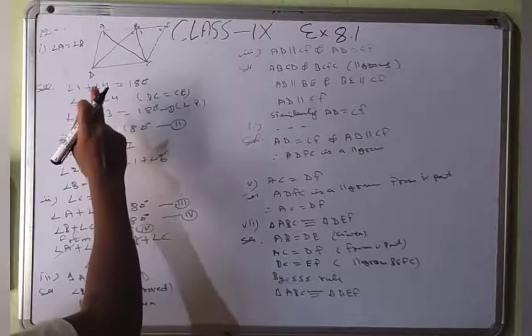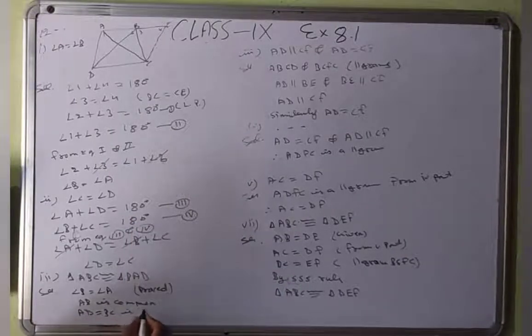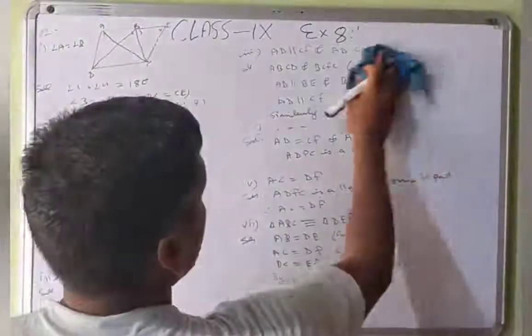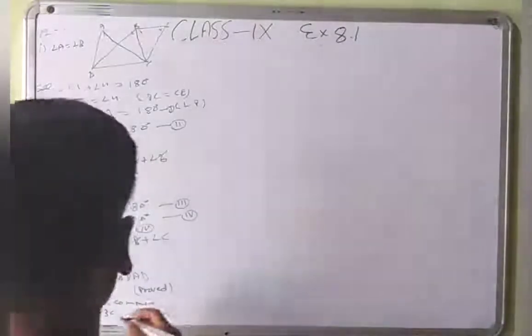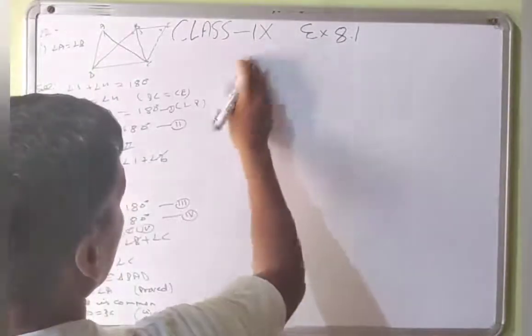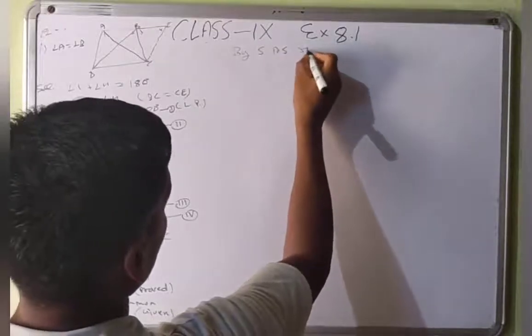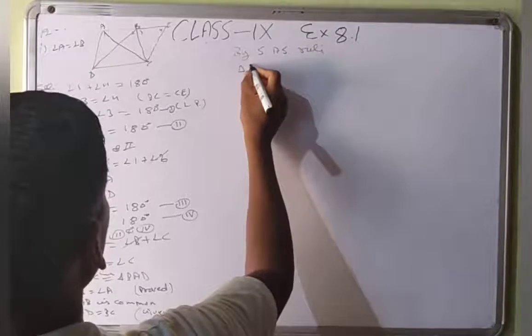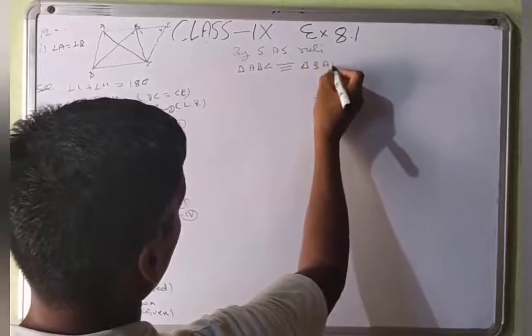And then AD is equal to BC, that's given. By SAS congruence rule, triangle ABC is congruent to triangle BAD.